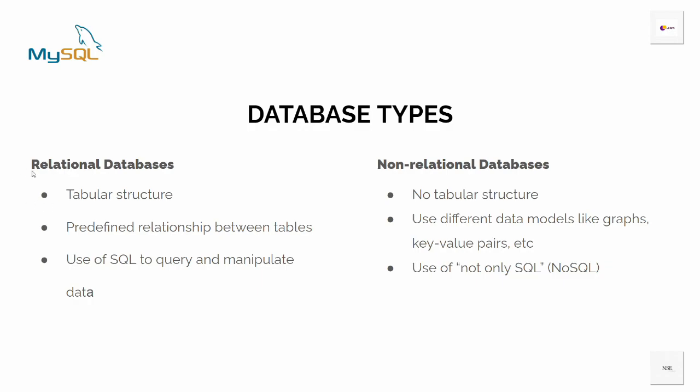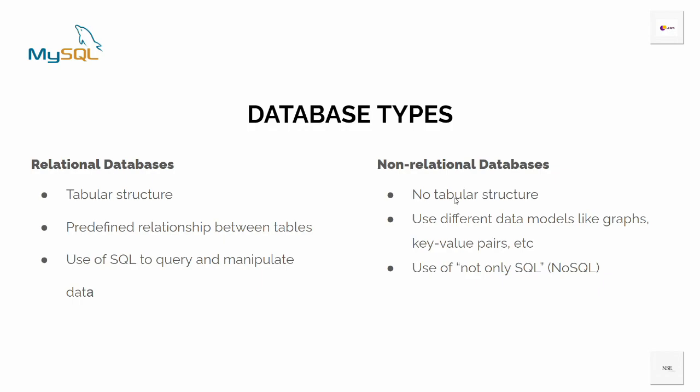Relational databases are characterized by their tabular structure, predefined relationships between tables, and the use of SQL to query and manipulate data. On the other hand, non-relational databases do not use tables.